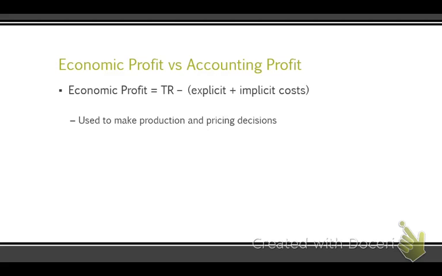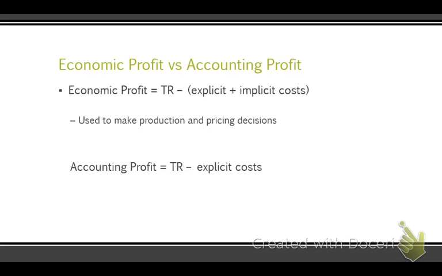Economic profit is used by a business owner or a company's executives to make production and pricing decisions. Economic profit, well, I think it'll come up again. I'll mention it later.